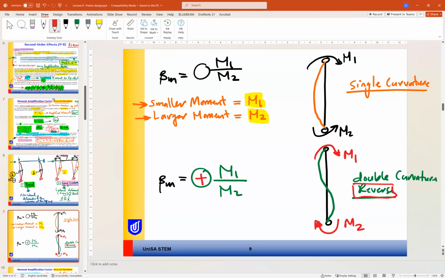For single curvature, take it as negative. So we take the sign negative for single curvature and positive for double curvature. This is how to link the sign with the curvature of the member.